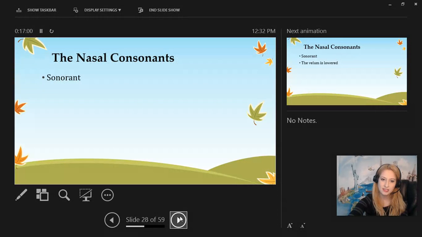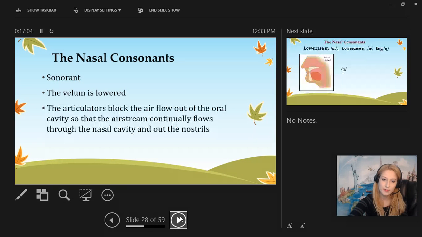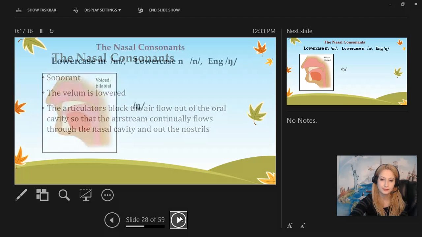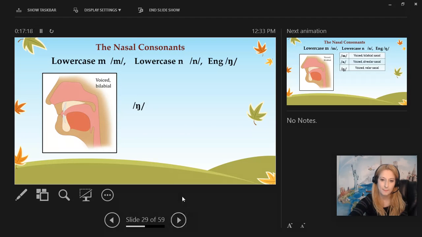The nasal consonants are sonorant, the velum is lowered, and the articulators block the airflow out of the oral cavity so that the airstream continually flows through the nasal cavity and out the nostrils. Okay, so the nasal consonants are lowercase m, lowercase n, and the ang.